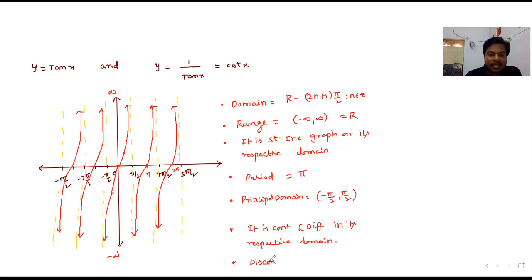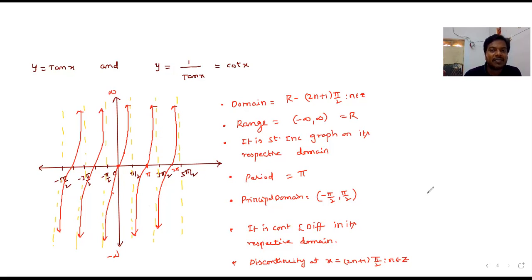Clearly, the discussion on discontinuity is at x equal to (2n plus 1) pi by 2, such that n belongs to integer. Yes, discontinuous at first pi by 2, third pi by 2, fifth pi by 2. That means odd multiples of pi by 2.